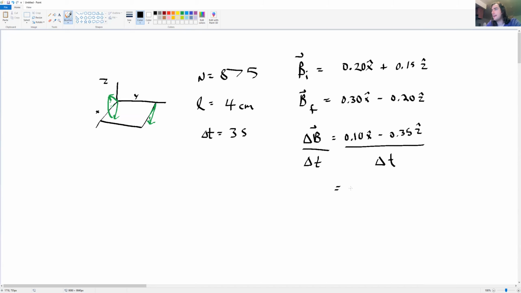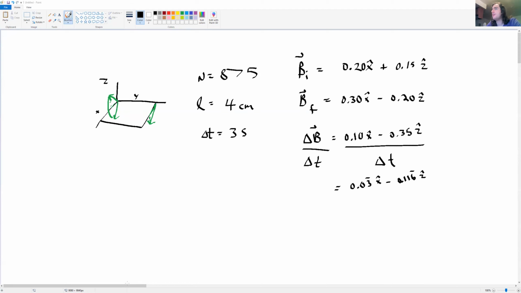It's going to be like 0.03 x hat minus 0.11 6, a repeating 6, I believe. This is the delta B over delta t vector, which is what we want because we're trying to calculate the change in flux.